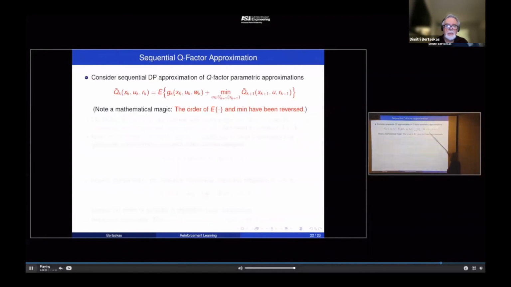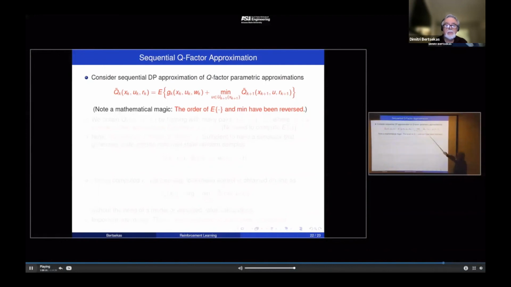Now, the basic Q factor equation is this. Ordinarily, you would have the optimal Q factor here to generate the optimal Q factor of the preceding stage. However, suppose you approximate at the end, and then you go backwards, and you generate a sequence of approximations which are parametric.